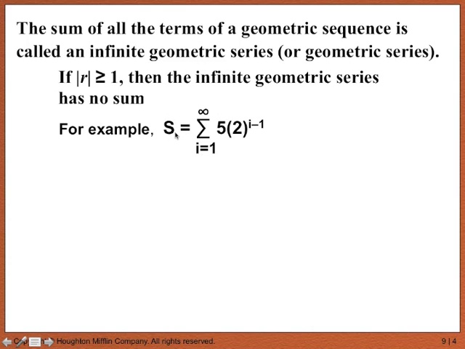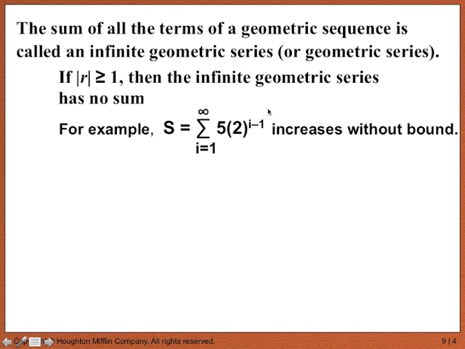All right, so this is what it looks like written out. Notice that there's no subscript for the S. It's just S, and the upper limit is infinity. If I look at this common ratio 2, the absolute value of 2 is greater than or equal to 1. Well, what happens? As I keep plugging in bigger and bigger values of i, I'm going to start getting really huge numbers. And if I just keep adding huge numbers to a sum, there's going to be no limit, and therefore this increases without bound.